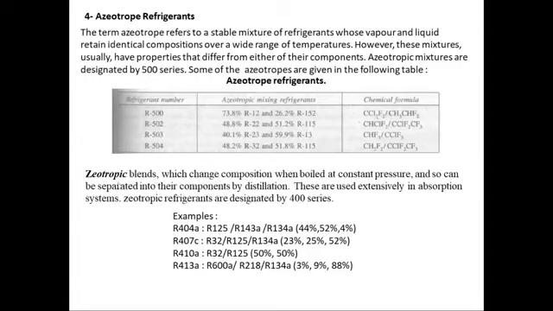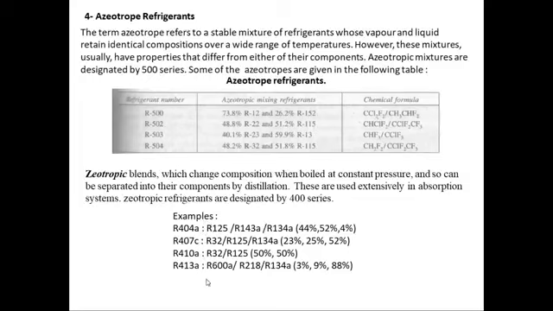Zeotropic blends, as I said, can be separated by the distillation process. They change composition when boiled at constant pressure, and so can be separated into their components by distillation. The azeotropes cannot be. These are used extensively in absorption systems. Zeotropic refrigerants are designated by the 400 series.